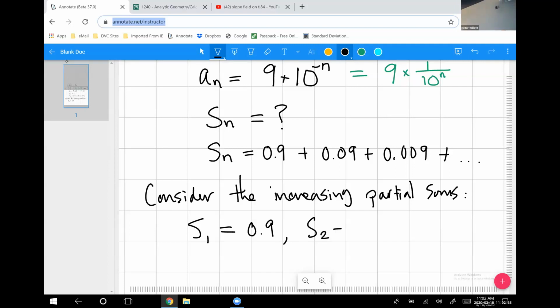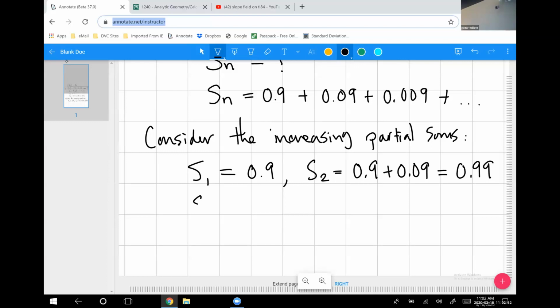S sub 2 would be 0.9 plus 0.09, which would be 0.99. S sub 3 would be the previous total, 0.99, that's S sub 2, plus the third term in the sequence, which was 0.009, which would be 0.999.